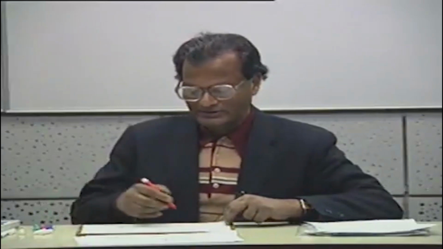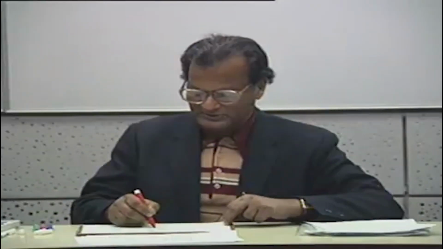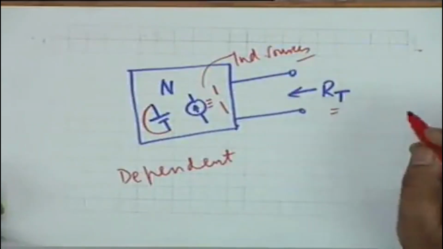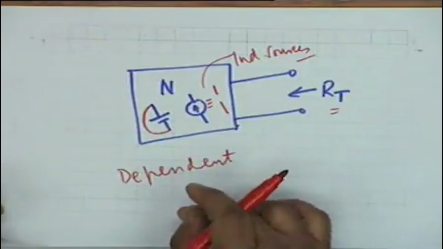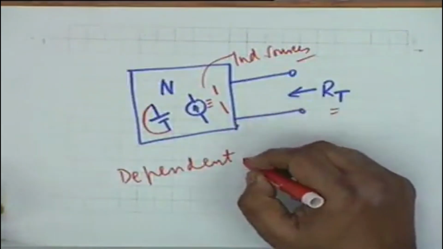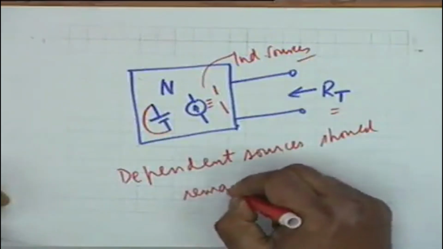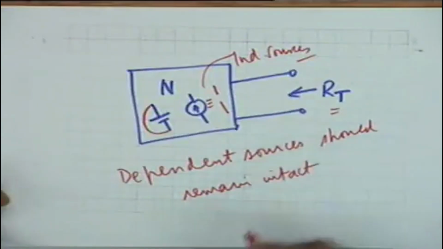Let me make a formal definition. Now we are talking of dependent and independent sources. What I have said about short circuiting a voltage source and open circuiting a current source applies only to independent sources. In finding Rt, dependent sources should not be touched. Dependent sources should remain intact. The question is, what is a dependent source?